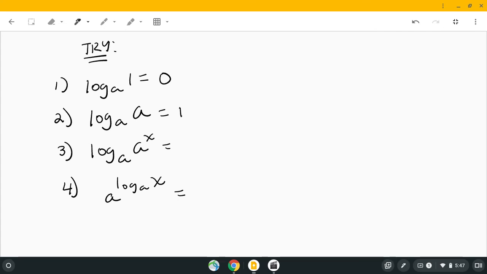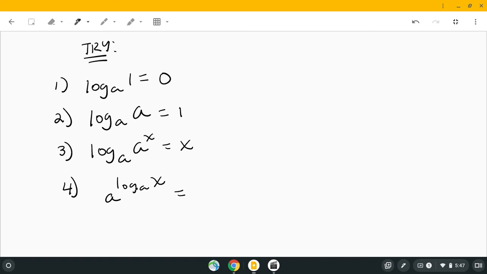Well, it's got to be a 1, right? A to the first power equals a. All right, next one here, a to what power is a to the x? Well, that's got to be an x, right? So a to the x equals a to the x.